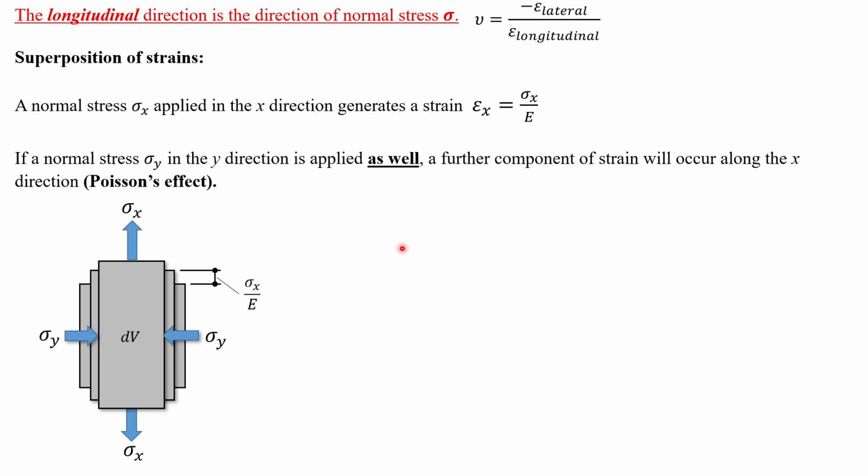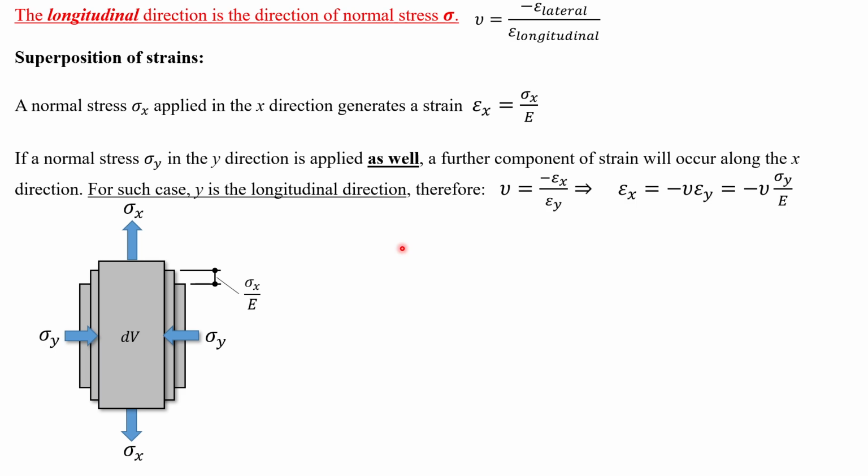So then, for such a case, y is the longitudinal direction. Therefore, wait a minute, how is y the longitudinal direction here? Any thoughts? What have I even said here?